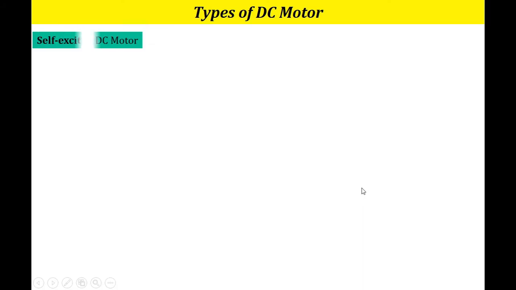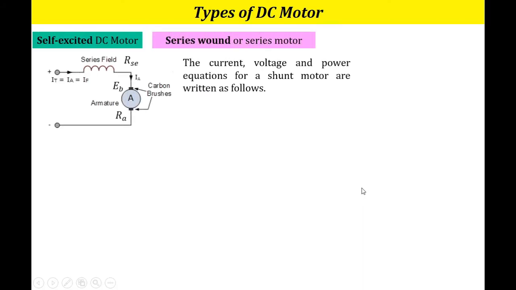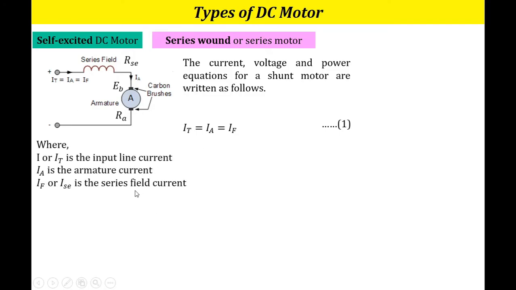Now let's discuss the equations associated with it. Total current I equal to IA equal to IF, because it is a series wound motor. Here I is the input line current, IA is the current which flows through the armature, and IF, or one can write ISE also, is the current which flows through the series field.